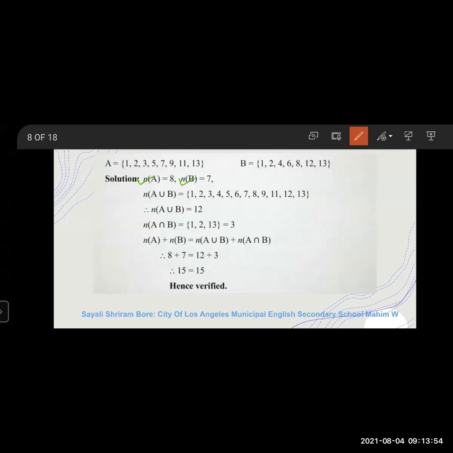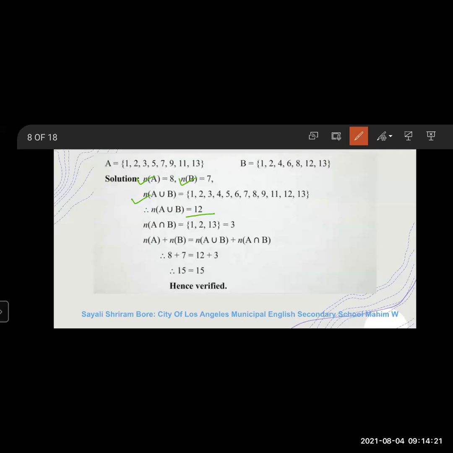For verification, you need union as well as intersection, so first you have to find them out. n of A union B, first find out the union, and the number of elements in the union is 12.